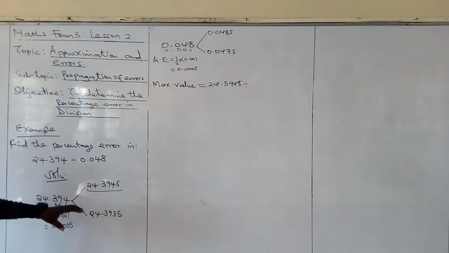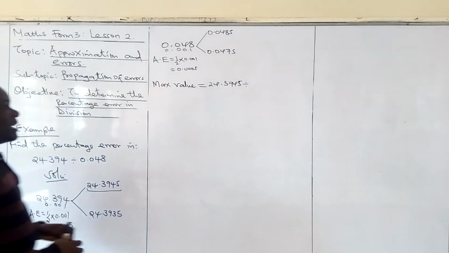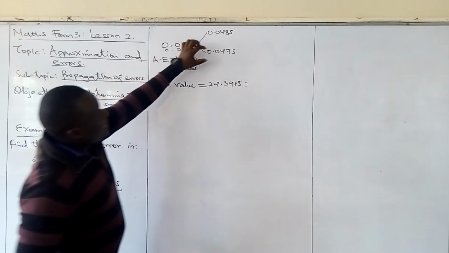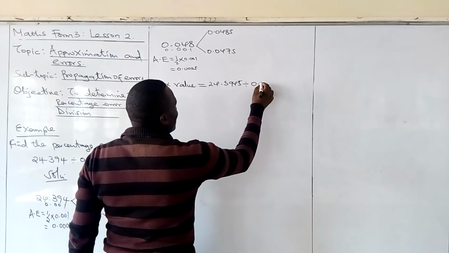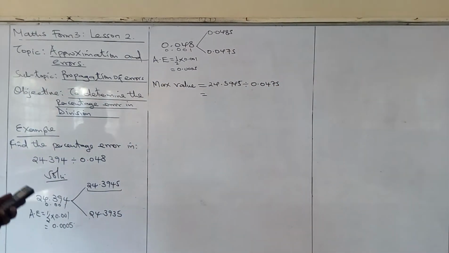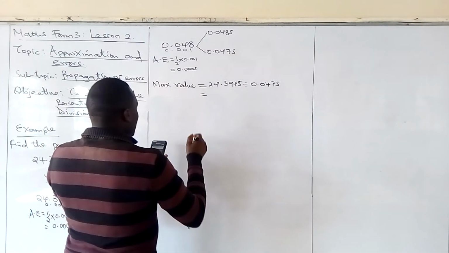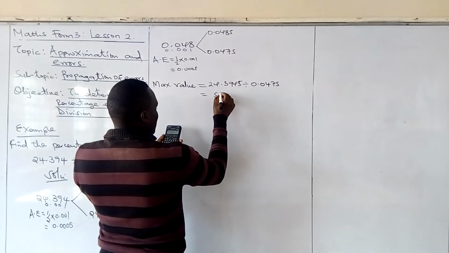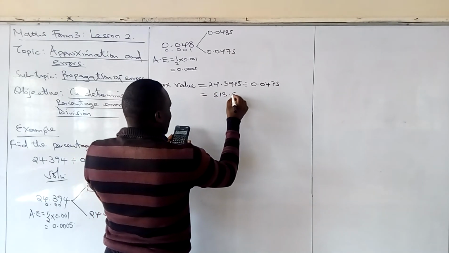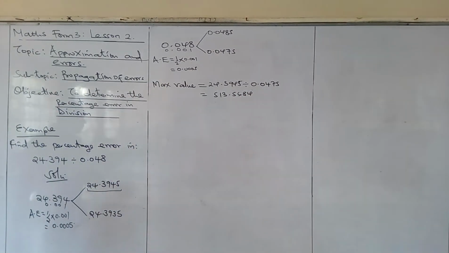Between these two, which one is the least number? This becomes the least number, 0.0475. We divide the two. 24.3945 divided by 0.0475 gives us 513.5684. So that's our maximum value.